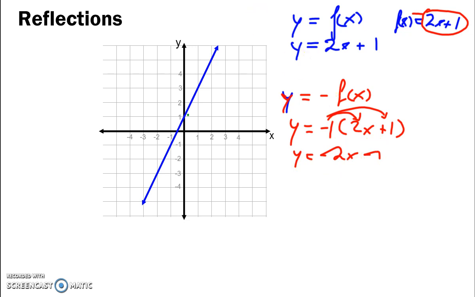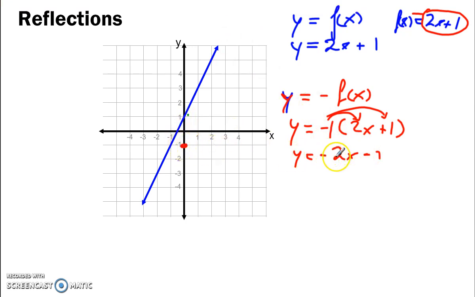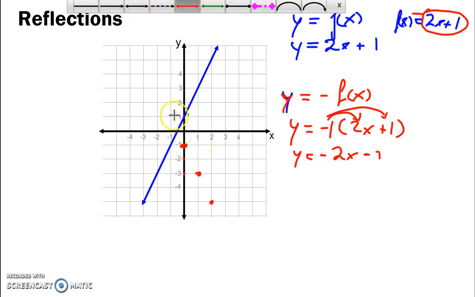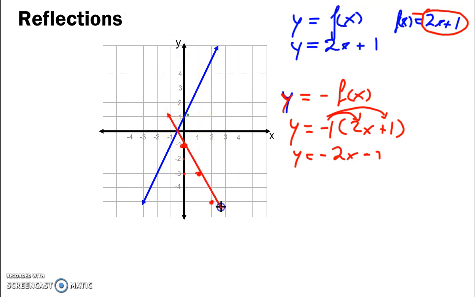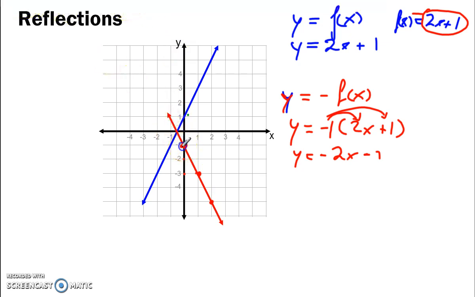So now my y-intercept is negative 1 right here, and my slope is negative 2, so down 2 over 1. My new graph is this one right here. Now, if you look closely, you'll notice that this point is reflected up here from this point.